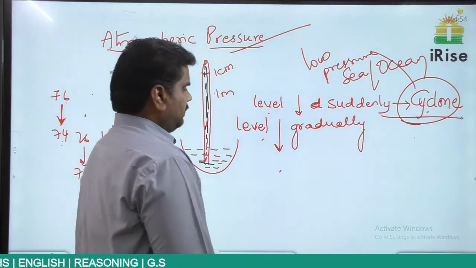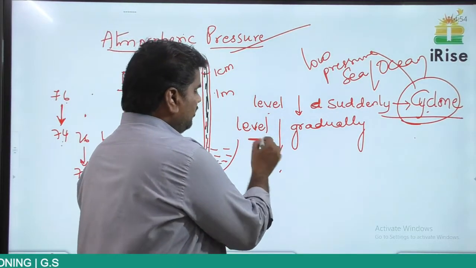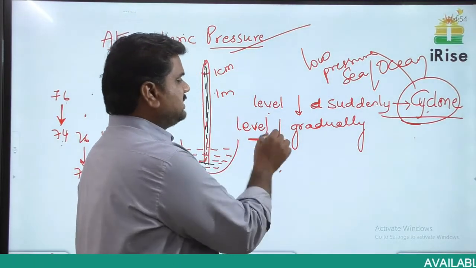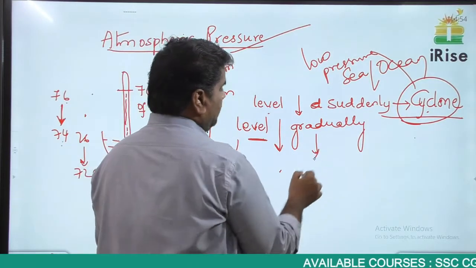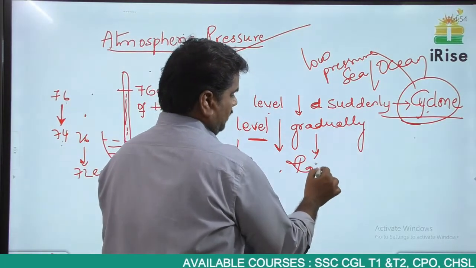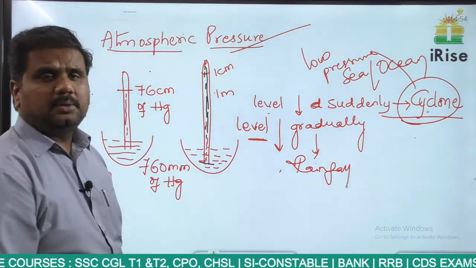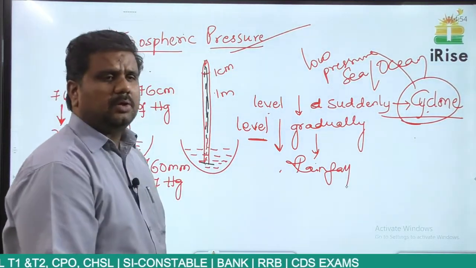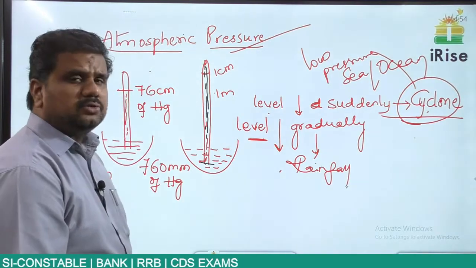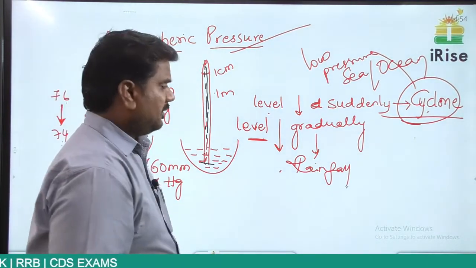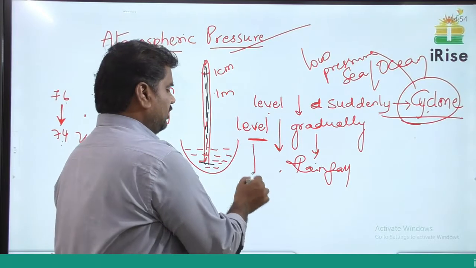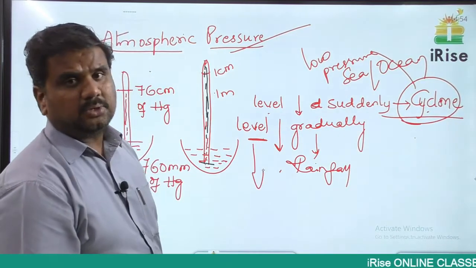Instead of that, if the level of mercury in the barometer is decreasing gradually, then it predicts rainfall. Ordinary rainfall. Right? A rainfall that will last only around 20 or 30 minutes, or maybe a couple of hours. So in that case, the level of mercury decreases gradually.